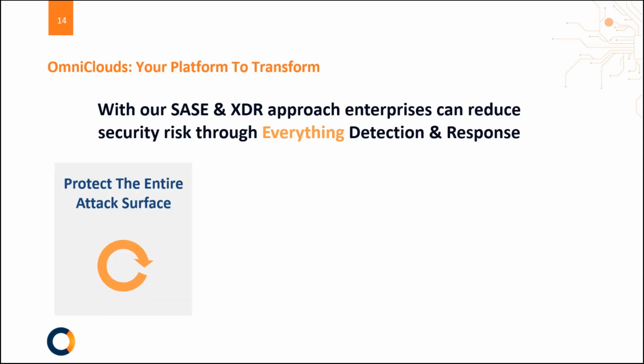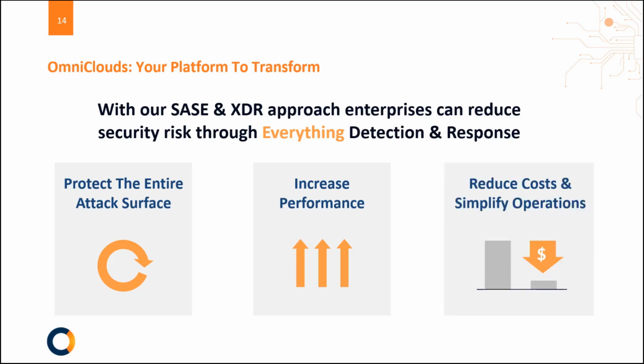And then we are protecting our entire attack surface. So we have deeper visibility, we have increased performance because we are implementing a lot of automation and a lot of AI and machine learning based solutions so that the security and network operation teams can perform in a much better way, and we have more detection and responses to it.